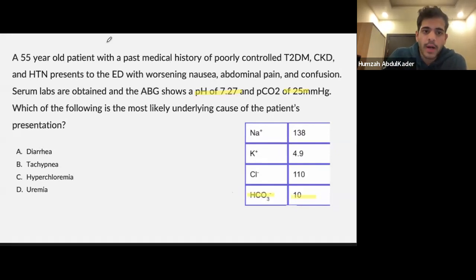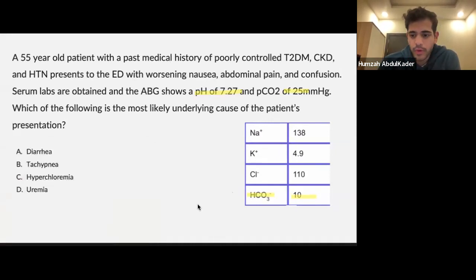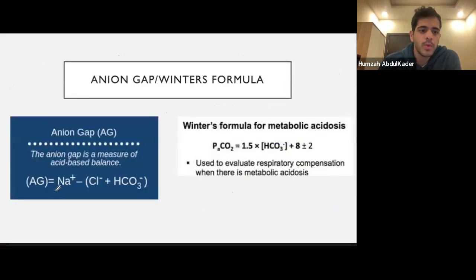Now, if you want to calculate the anion gap here, what do we need? I have the formula over here. The anion gap is sodium minus chloride plus HCO3.